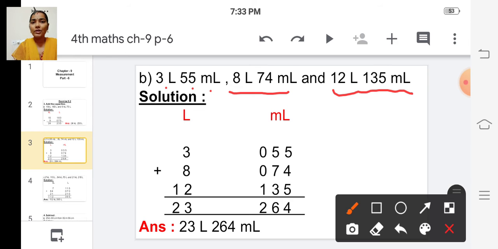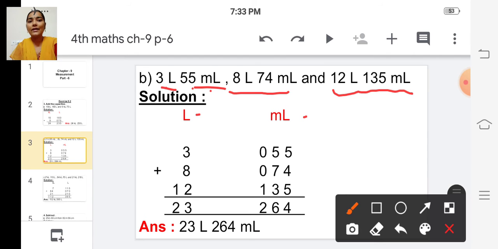So we are going to add these three capacities. First step, we have to separate the units. What are the units? Liter and milliliter. So write liter and milliliter separately.